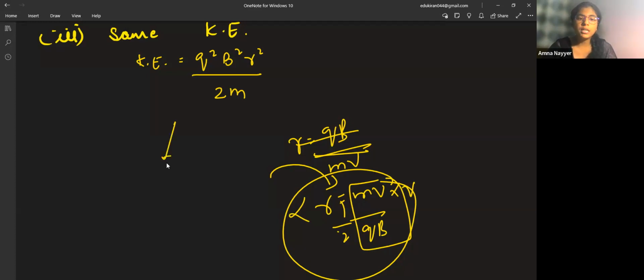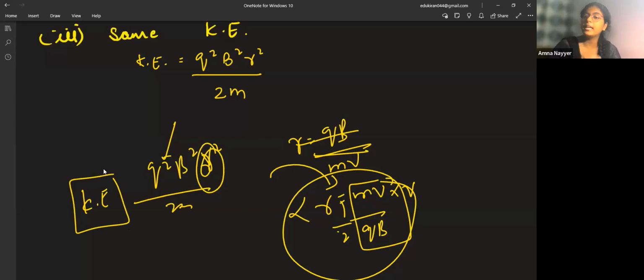If we go by the formula Q square B square R square by 2m and find the value of R from it, at least we'll have kinetic energy in our term, on one side, so we could cancel kinetic energy. Otherwise, if you still go by the other formula, mass is different, velocity is different, charge is different, and only the magnetic field is the same. Will you be able to find the answer?